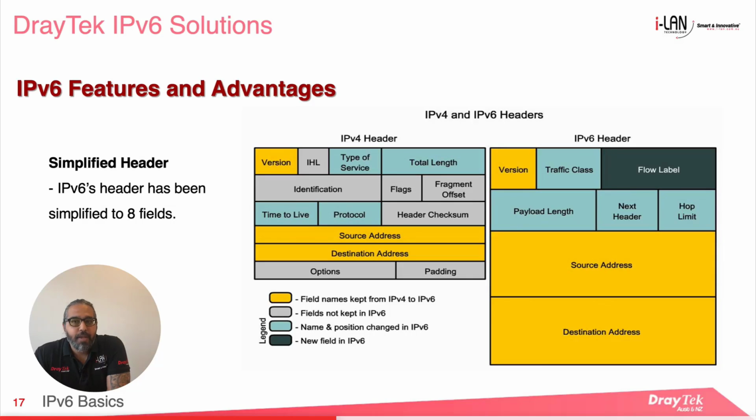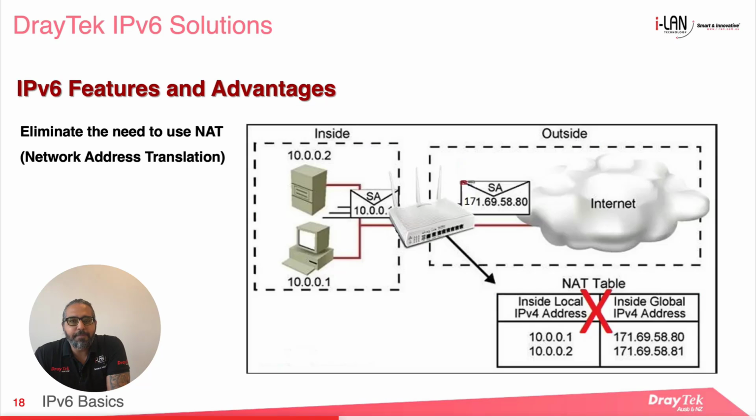And lastly, 1 new field called flow label has been added. IPv6 addresses do not need NAT anymore, because now we have more than enough addresses to supply the demand for each device that connects to the internet.